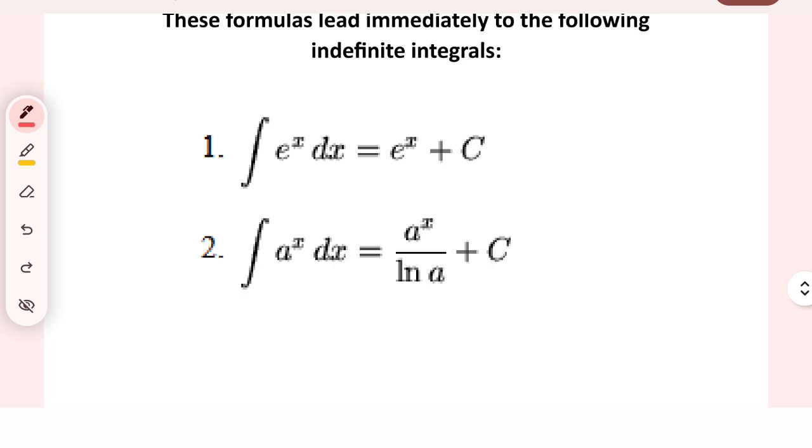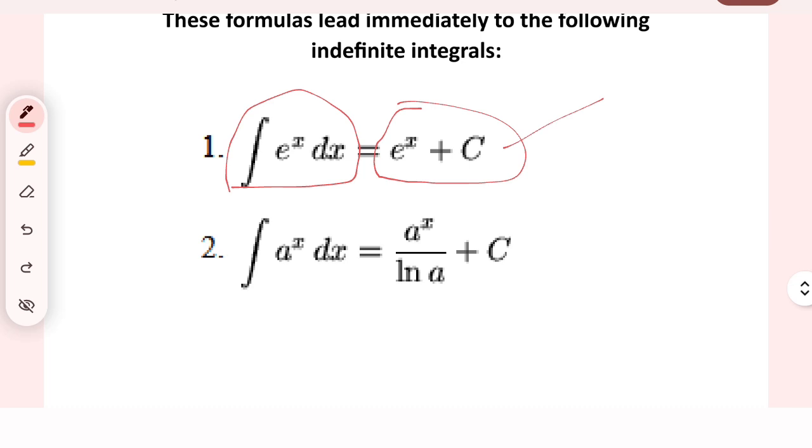The first one is the integral of e to the x dx. That is also very common. The integral of e to the x dx is e to the x, and don't forget the integration constant c. So the integral of e to the x dx is e to the x plus c.